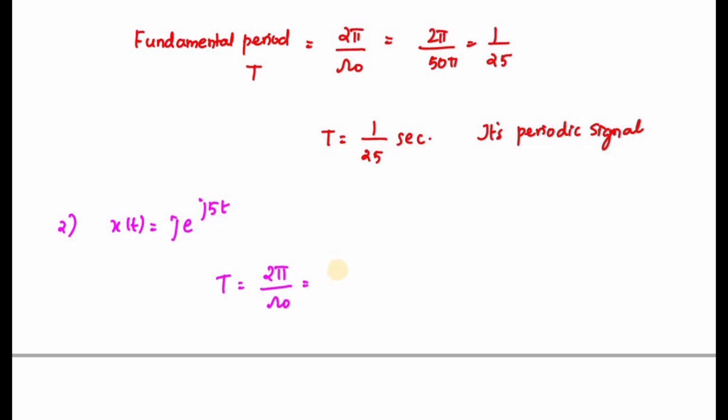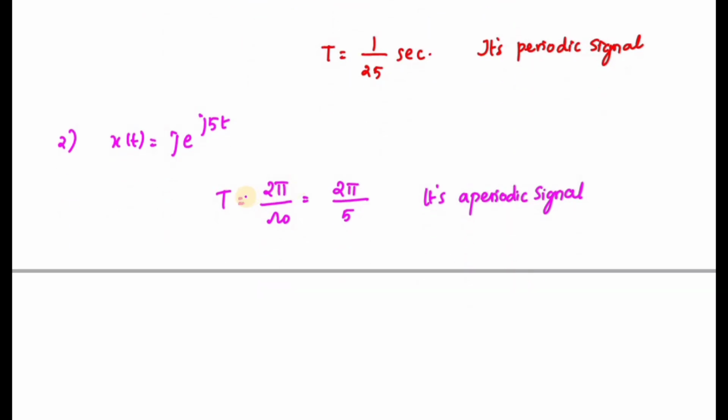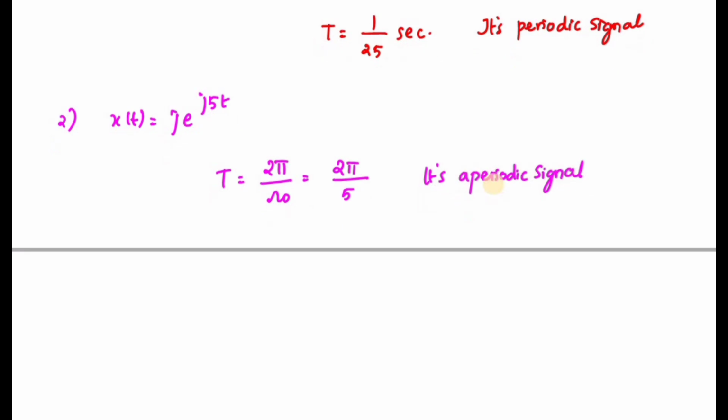So it is an irrational number, so it is an aperiodic signal. Since the π comes, it is an aperiodic signal. For this one, there is a fundamental period, but it is an aperiodic signal.